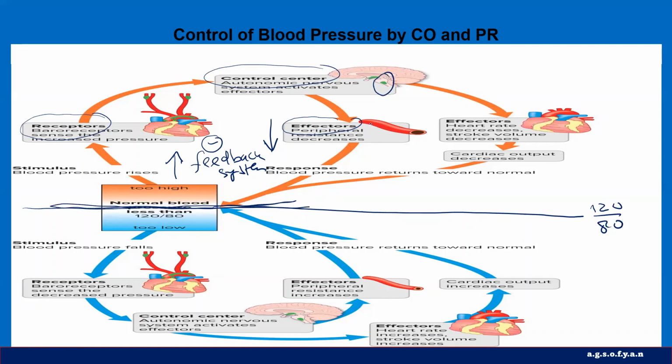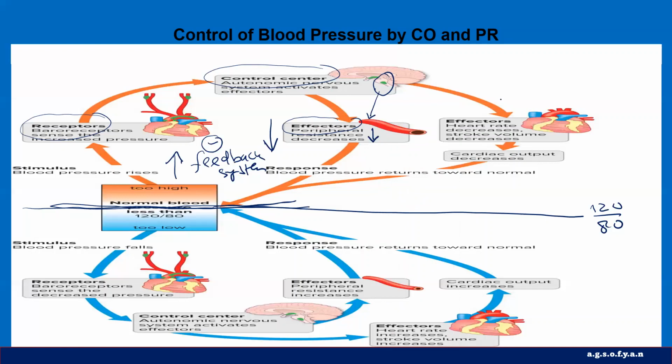There are several effectors that will get the order from this control center, the CV center. The first one will be the blood vessels' smooth muscle.